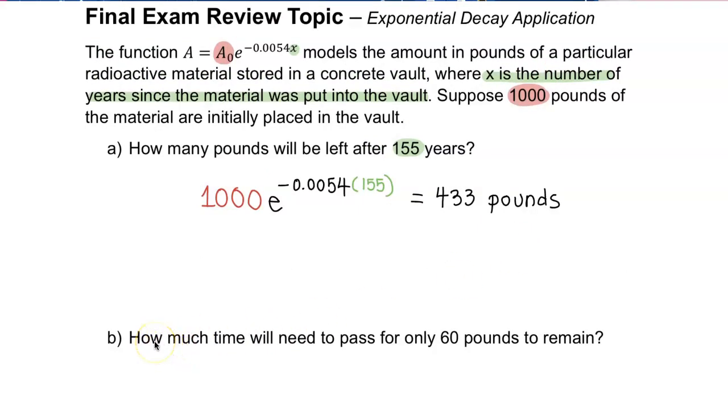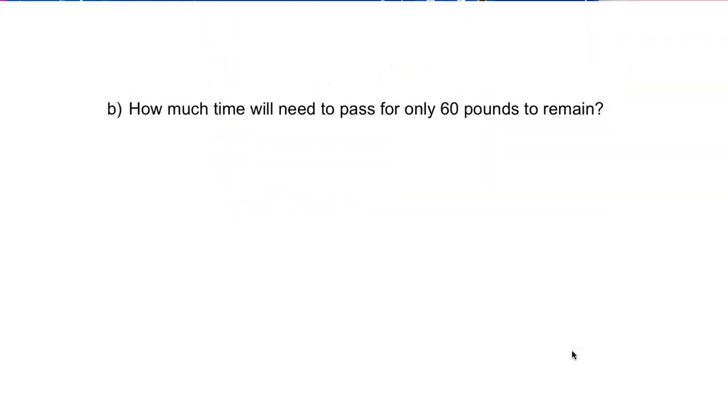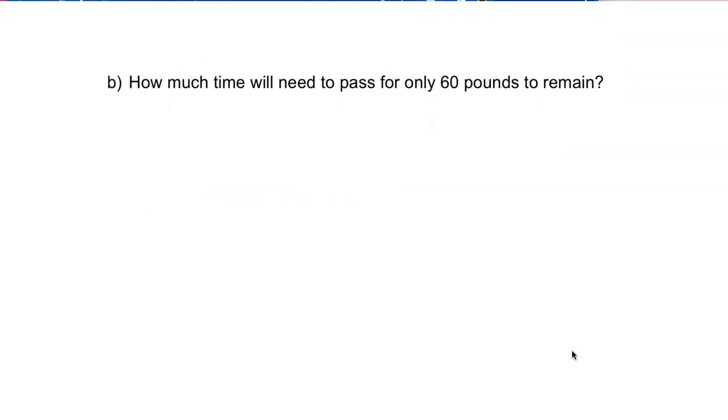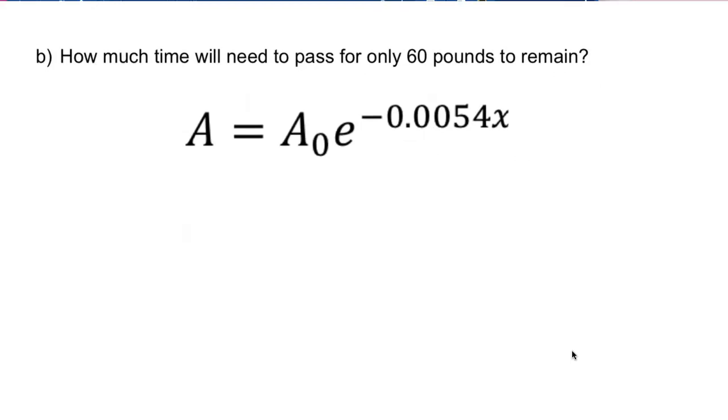Part B is asking us to find how much time will need to pass for only 60 pounds to remain. Now, I'm going to copy this equation down, and we're going to plug in some of the things we know and solve it backward, okay?